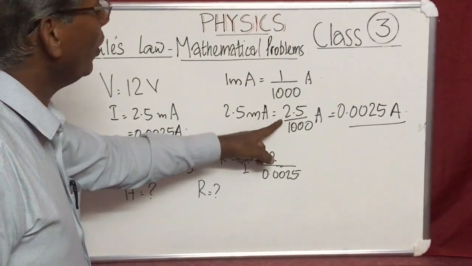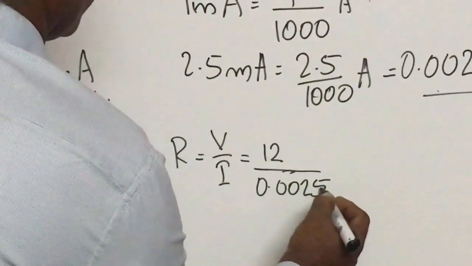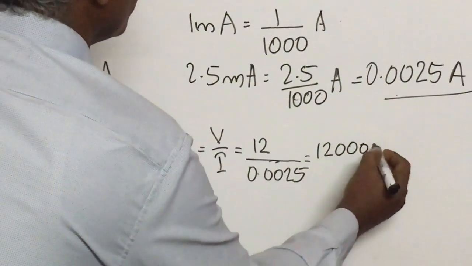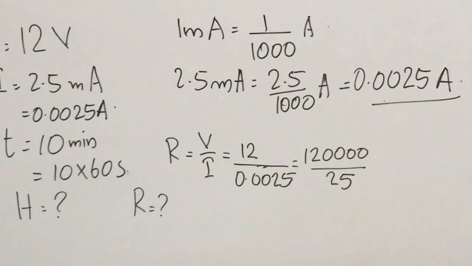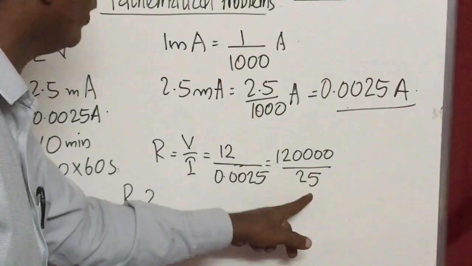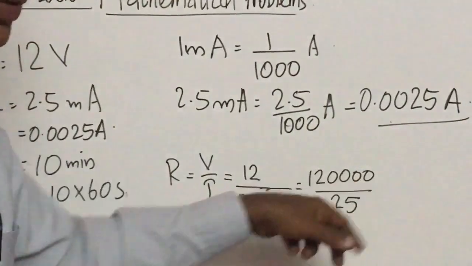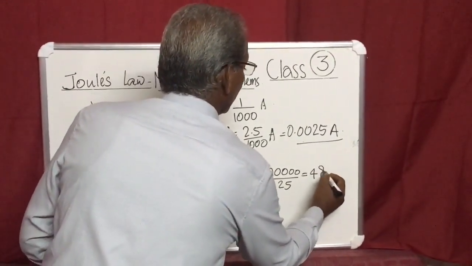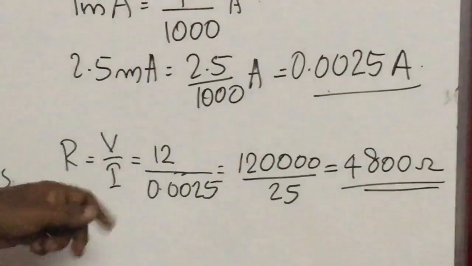That is 2.5 by 1000, 0.0025 in the denominator. There are 4 digits here, so 12 by 25. We converted this decimal to a whole number by multiplying with 4 zeros: 1, 2, 3, 4, here also 1, 2, 3, 4. Dividing, we will get 4800 ohm as the resistance.